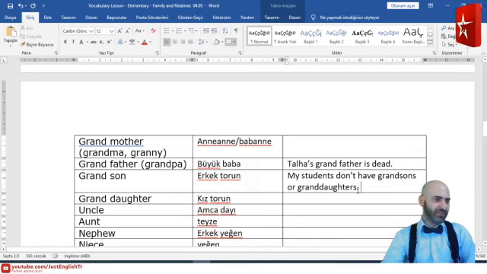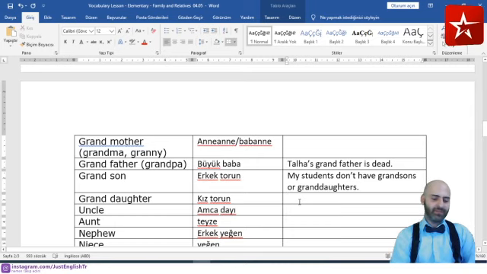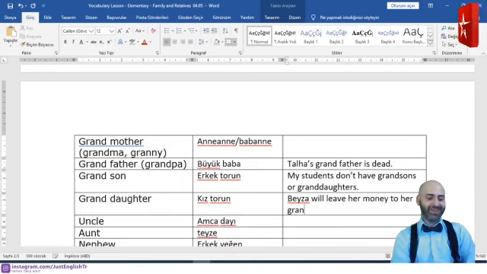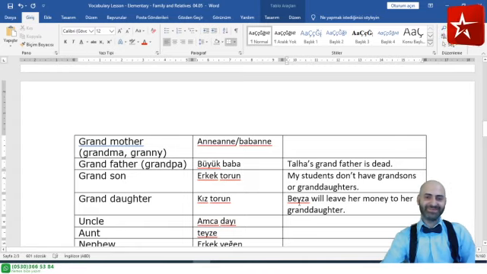We have a sentence from Beyza. I will leave my legacy to grandson. Okay, I will write it about granddaughter. Beyza will leave her money to her granddaughter. Sorry, Beyza, I changed it a little bit.